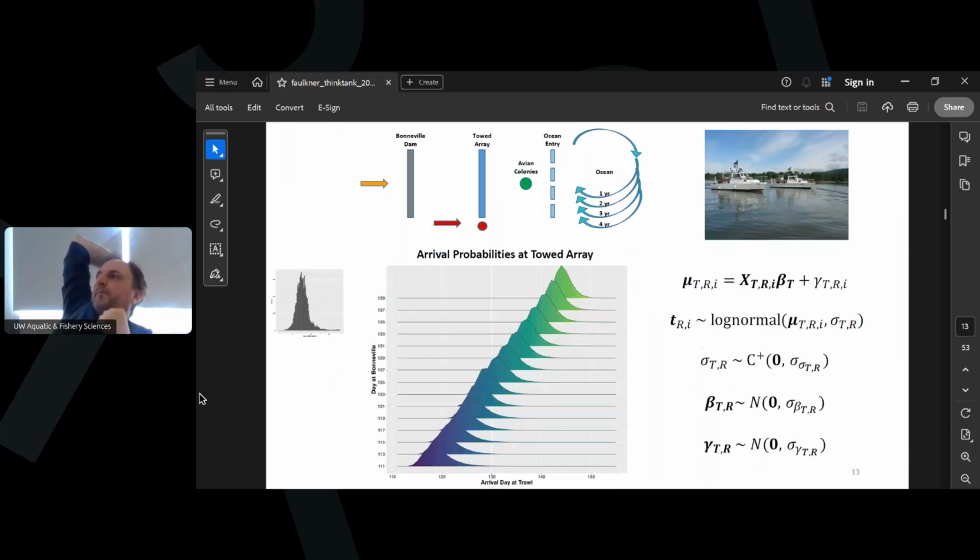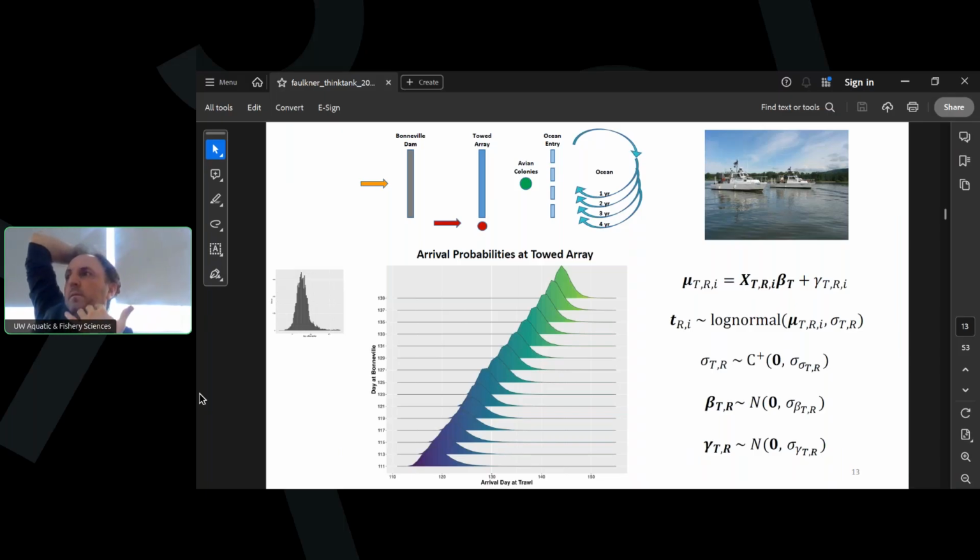Same thing for each day leaving Bonneville Dam: those fish have a travel time distribution, or another way to see it is an arrival probability. They have a probability of arriving on a certain day, passing the trawl, whether they're detected or not.